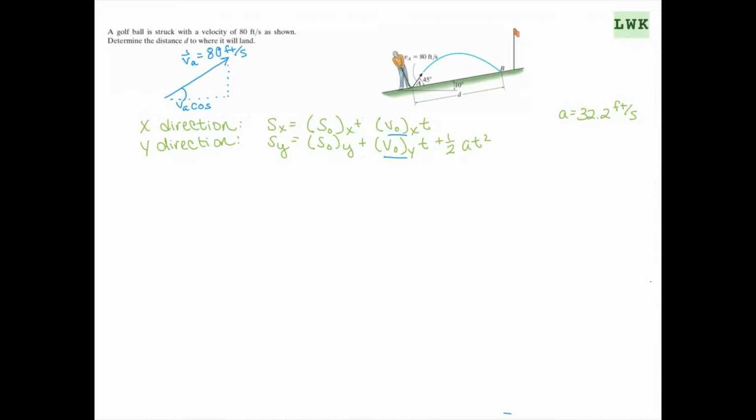And if you look here, we have 45 degrees, but since this is on a hill, we're going to add this 10 degrees. So right here, this is going to be a 55-degree angle. So we're going to write our x component as v A, which is 80, times the cosine of 55, and up here we're going to say v A again, which is 80, times the sine of 55 degrees.